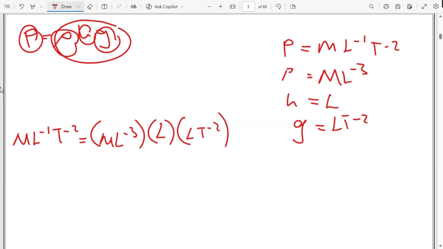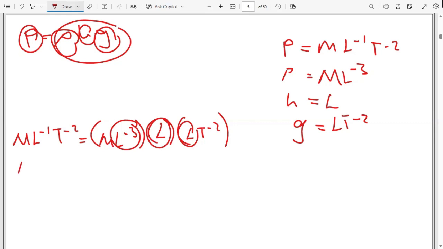From here, we can multiply the same bases. We have L here, and L here, and L there. If we are multiplying same bases with different powers, you just add the powers of that particular base. I'm sure you already know about that one, and that's the same thing we're going to do here.